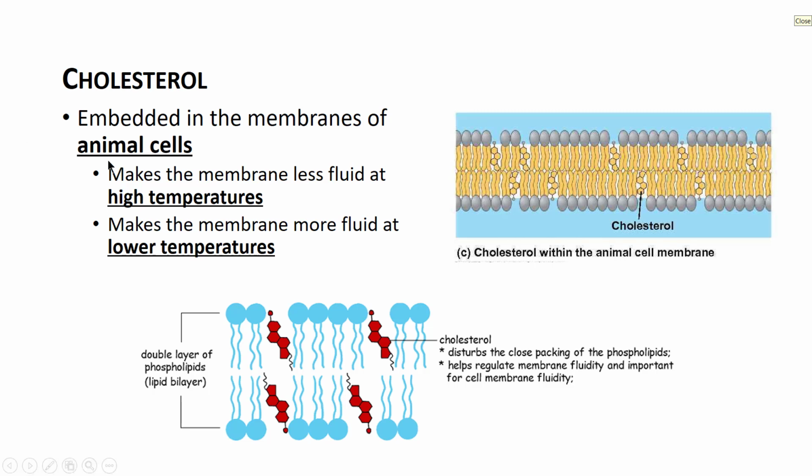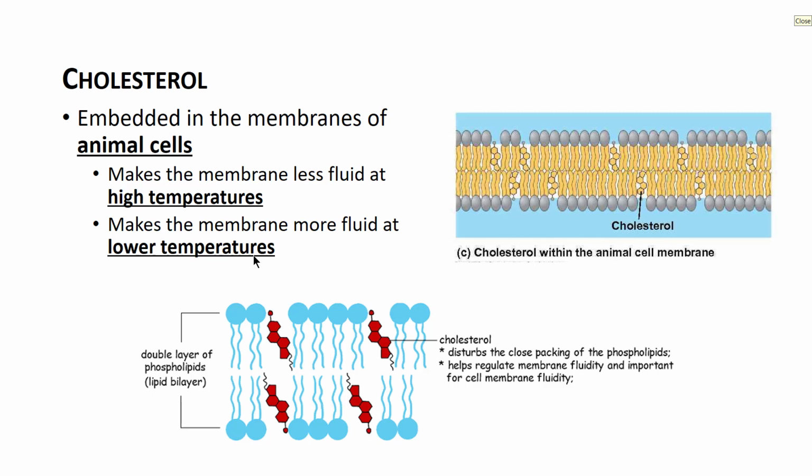So at higher temperatures, cholesterol pulls that fluidity back towards the equilibrium and keeps it from becoming too leaky. At lower temperatures, the cholesterol does the opposite, where it brings it back up into a normal level of fluidity. So you can think of cholesterol like a buffer in this regard.